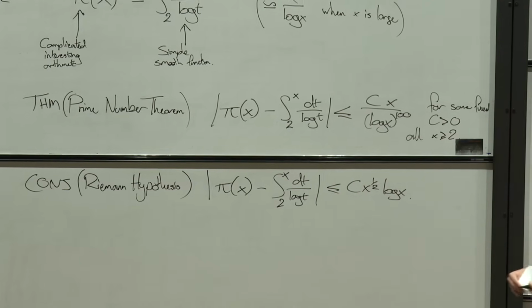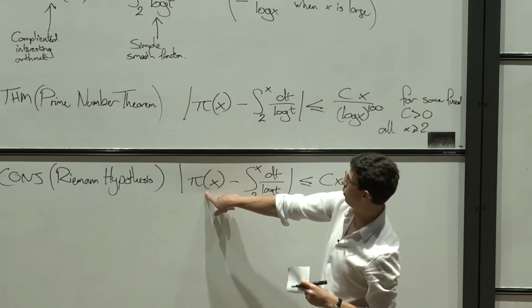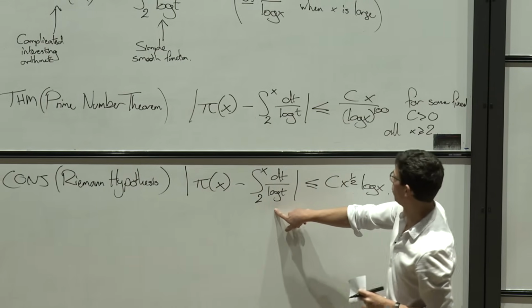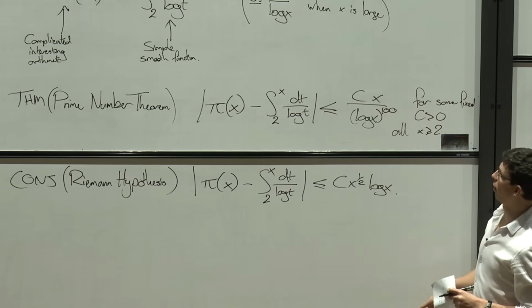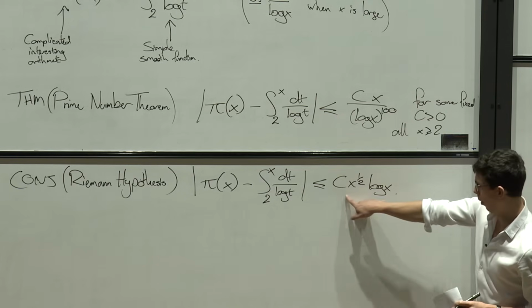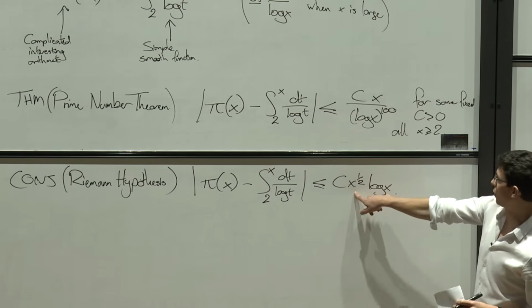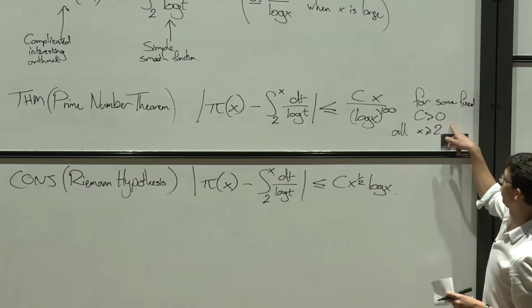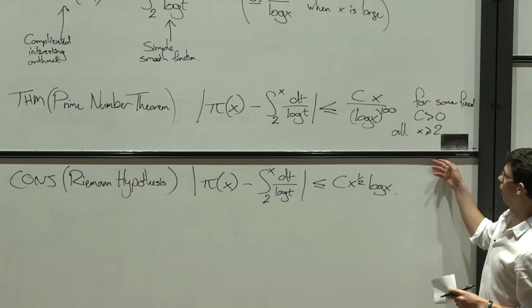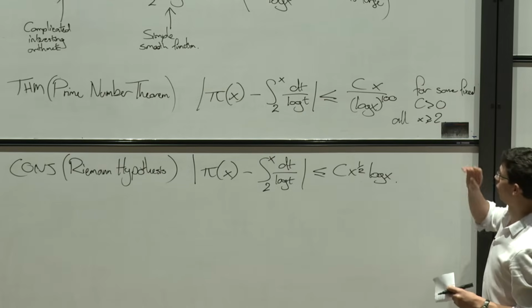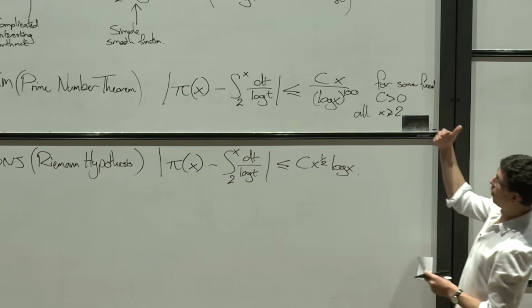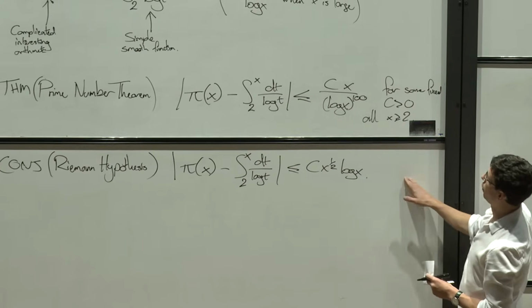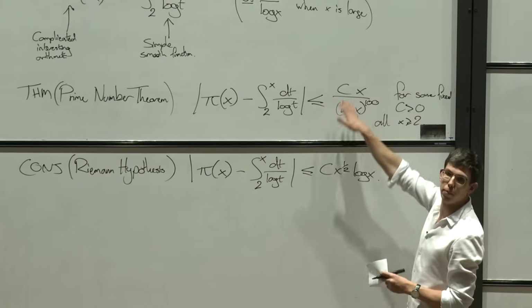That the error, the difference between pi of x and this nice approximation, is not just x divided by some power of log x, but x to the half times log x, again for some fixed constant c and all values of x bigger than or equal to 2. I guess in case you're still getting used to this formulation, the value of c really doesn't matter too much here.